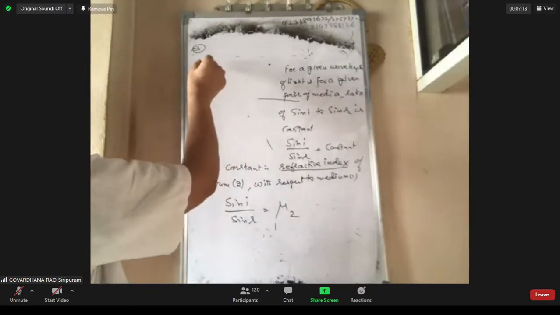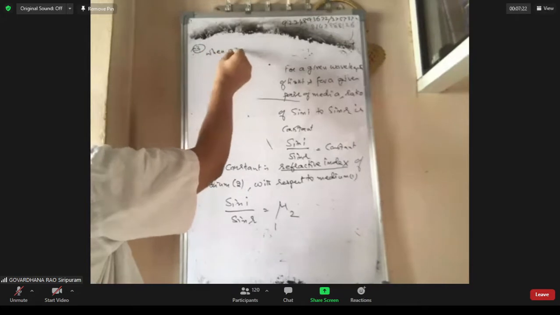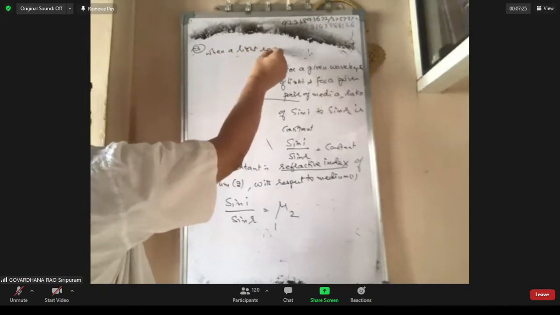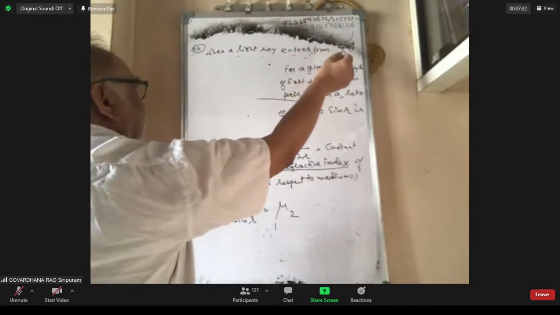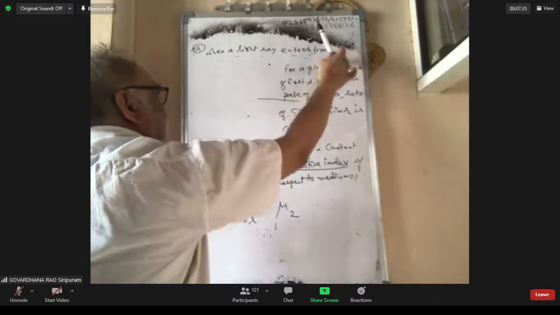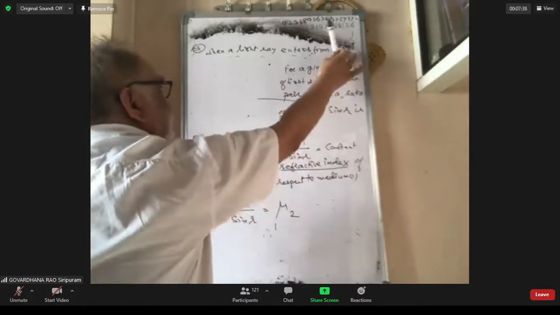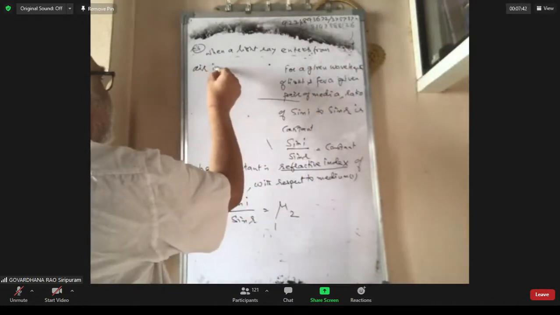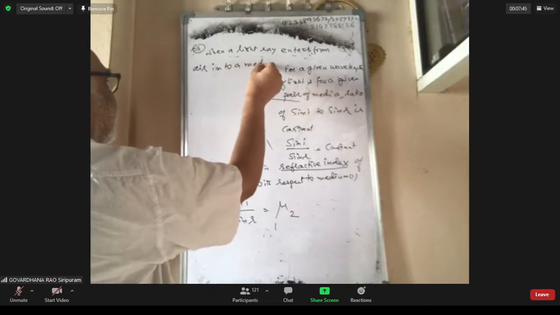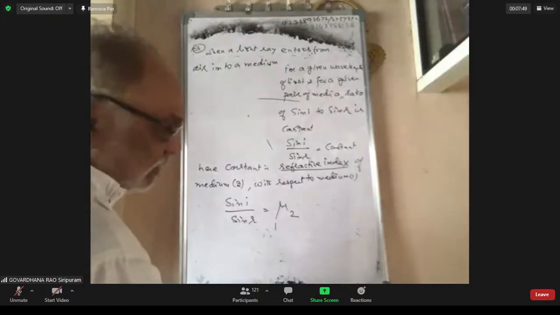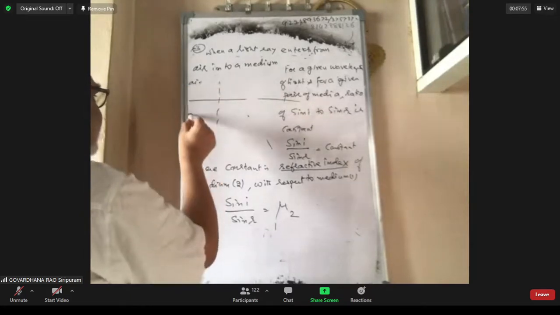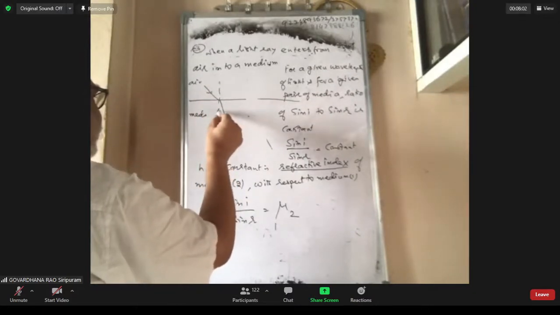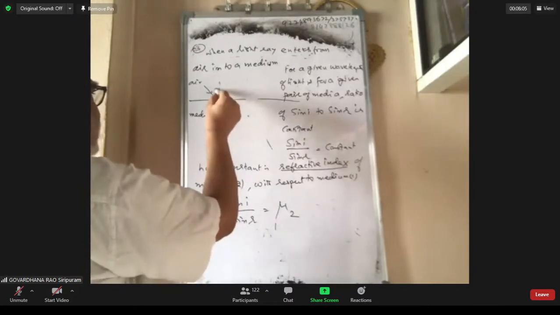See, when a light ray enters from air into a medium, this is air, this is medium. This is I, this is R.